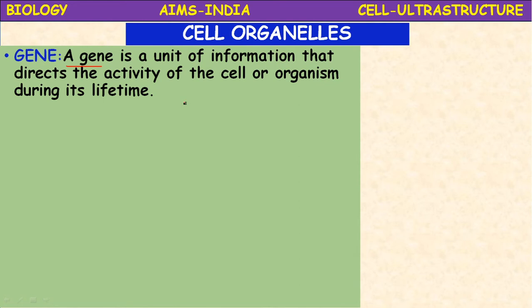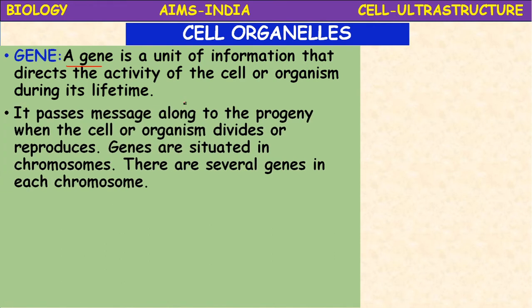It is by genes. Every characteristic, every function is represented by the genes. It passes the message along to the progeny when the cell or organism divides or reproduces. During reproduction, the genes present in the cells replicate and transfer the characters to the progeny.